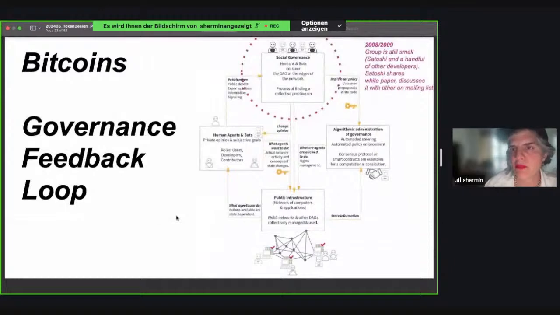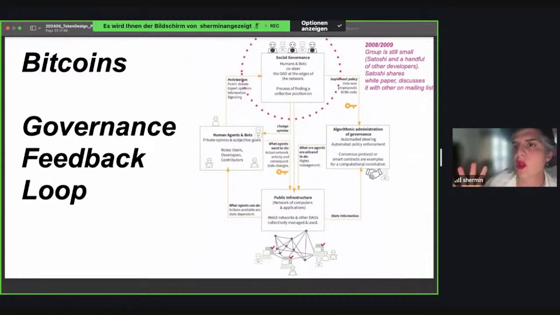So if we think back to 2008 and 2009, in 2008, Satoshi surfaced for the first time on the financial cryptography mailing list, an online forum, and shared the ideas of Bitcoin in the form of the Bitcoin white paper, and discussed it with a group of people who were interested in financial cryptography, hence the name of the list.